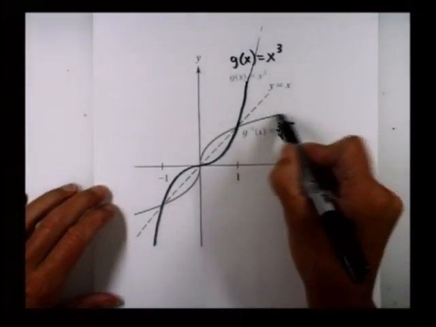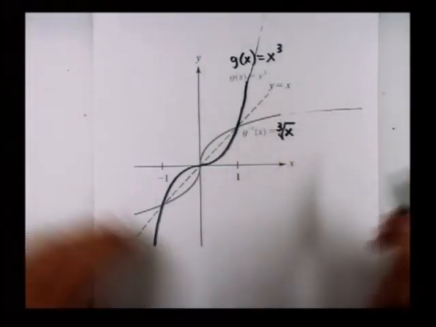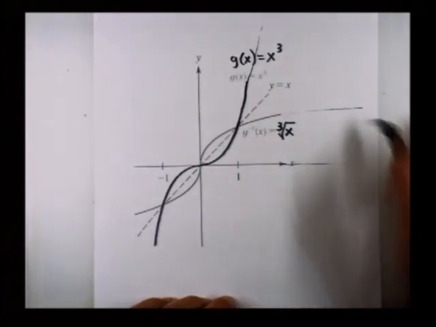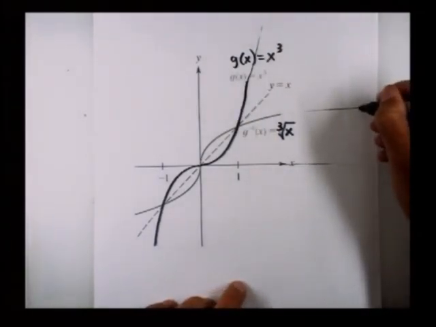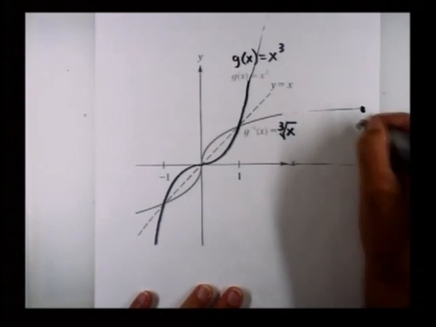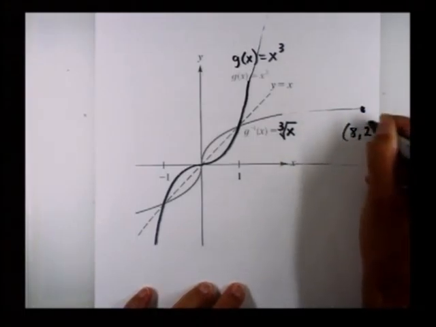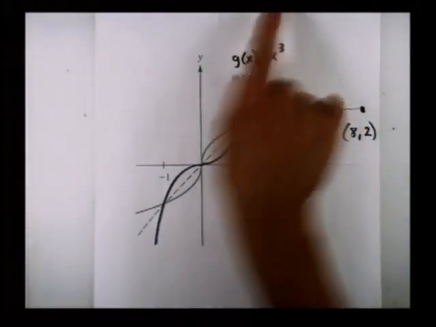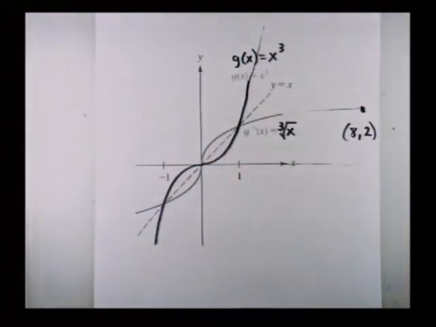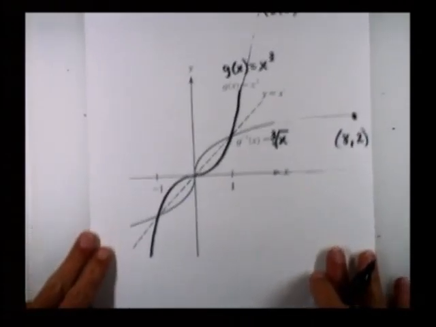And if this one continues to grow, the reflection of it down here, this point then, is located at 8, 2. Notice the x and the y have traded places. They're reflections of each other.